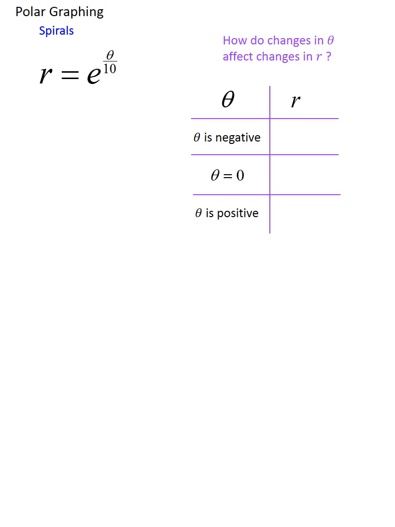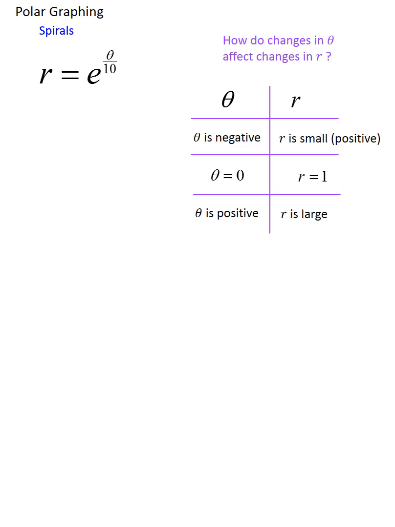So let's analyze this. If theta is a negative number, then based on our brief conversation about exponential functions, r is going to be a small positive number. If I plug 0 in for theta, I get e to the 0, which will give me an r value of 1.